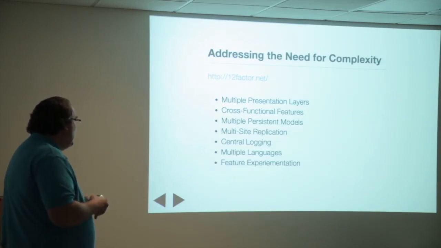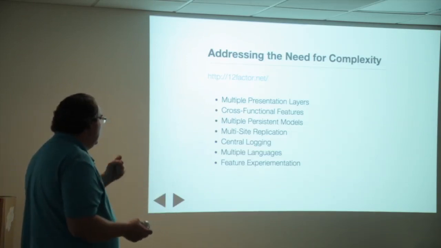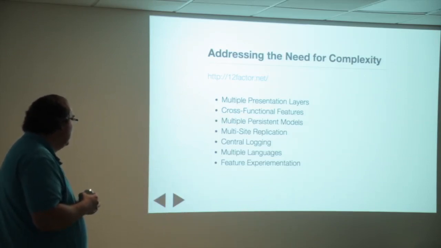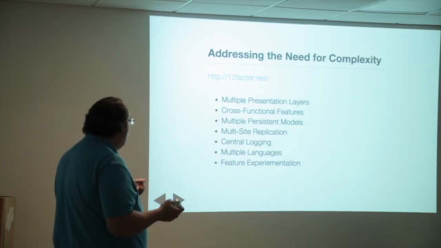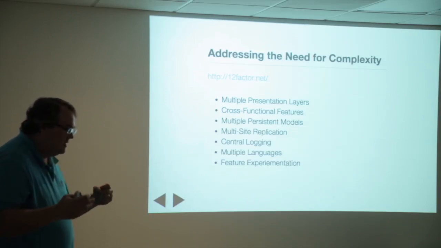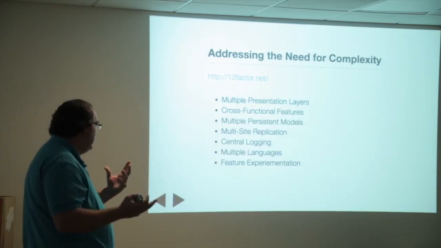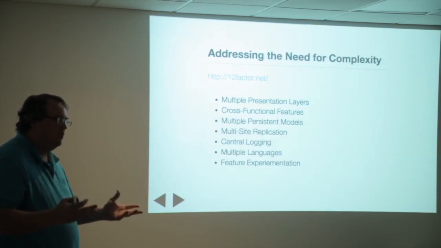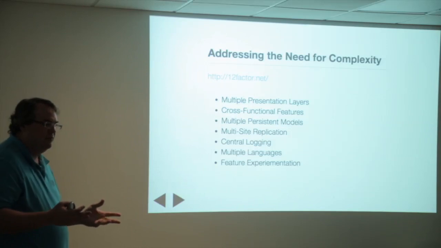We have multiple persistence models, right? So if you have a very sophisticated back-end where you're using NoSQL and SQL, caching, and all kinds of persistence models, it becomes very difficult in a monolith to maintain those things. Multi-site replication. Again, microservices will help you architect the ability to have your systems being in multiple sites, and really can give you replication for free if you leverage event sourcing, for example.